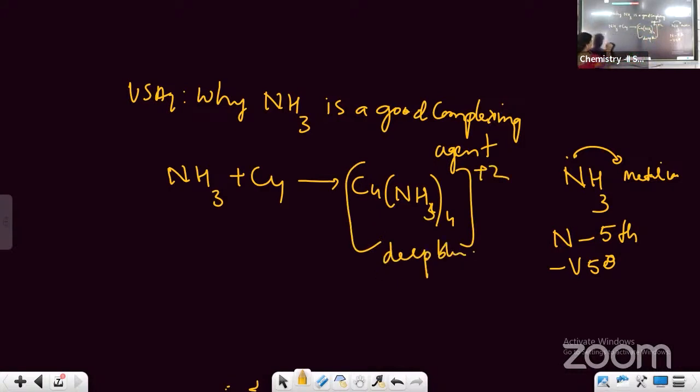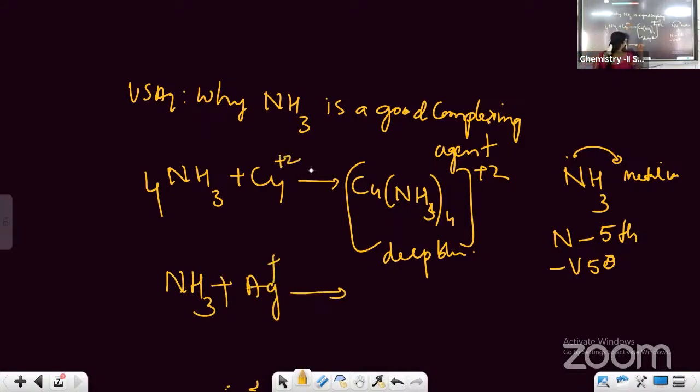We have seen one more complex with silver also. Ammonia reacts with silver ions, Ag plus, and you get Ag(NH3)2 plus.